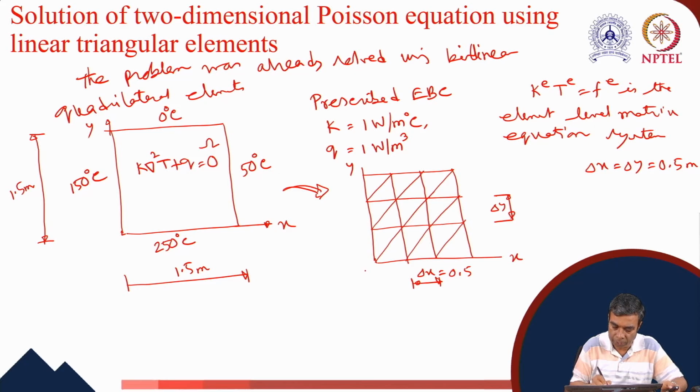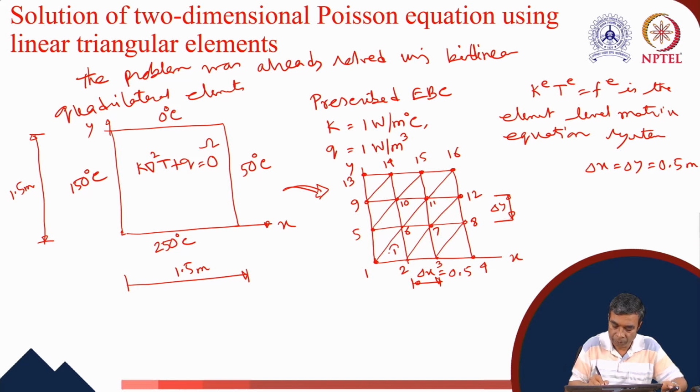Our global nodes are 1, 2, 3, 4, 5, 6, 7, 8, 9, 10, 11, 12, 13, 14, 15 and 16.